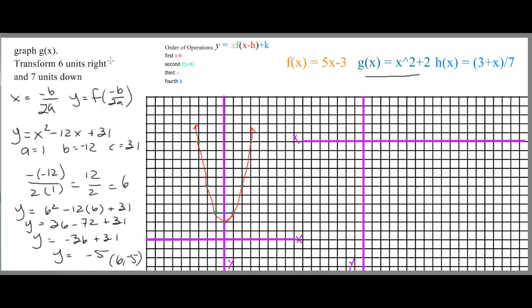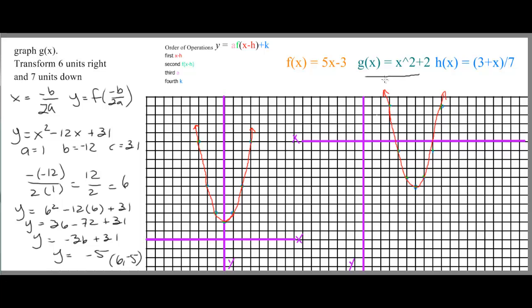Let's go ahead and graph this translation. There are our points. Let me see if I can draw those. That's pretty good for freehand. As you can see, this was shifted.